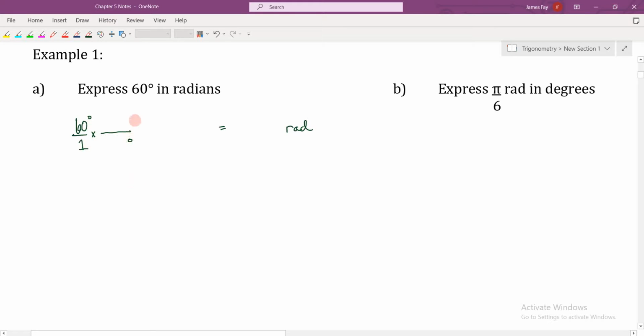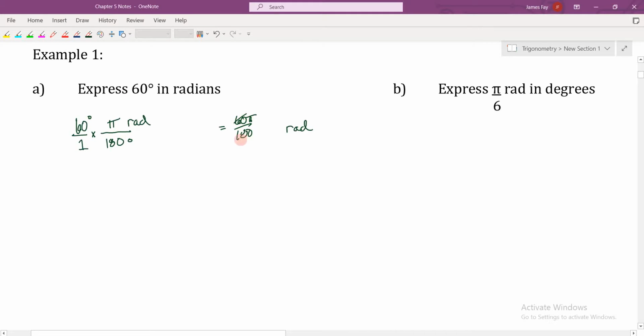And if degrees are down there, and I need to be left with radians, then radians needs to be up top. So I know where degrees and radians have to be: the 180 is always the degrees, and pi is always the radians. So if we multiply this out, we get 60 pi over 180.